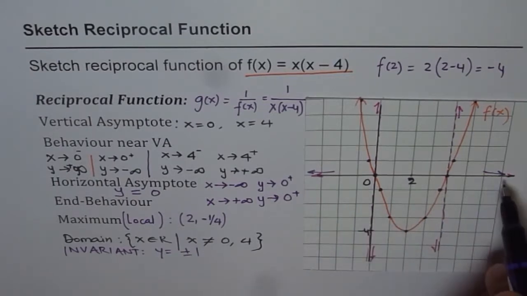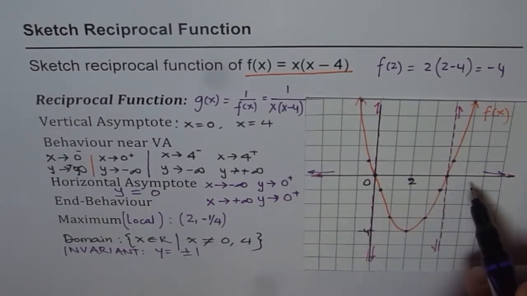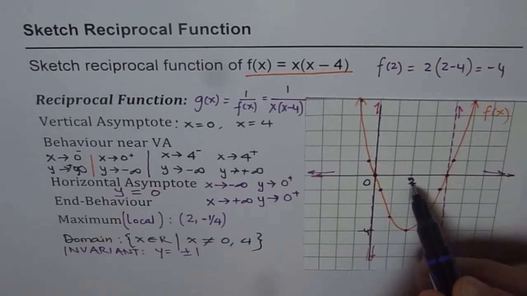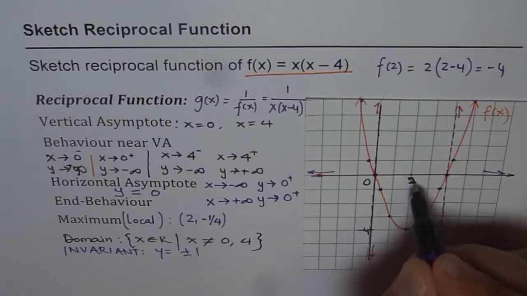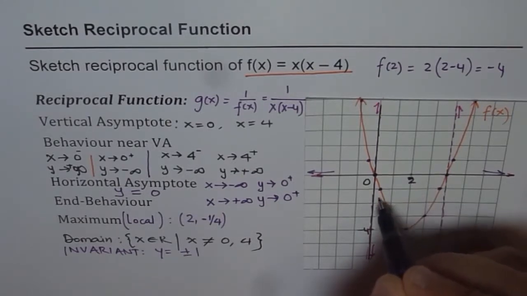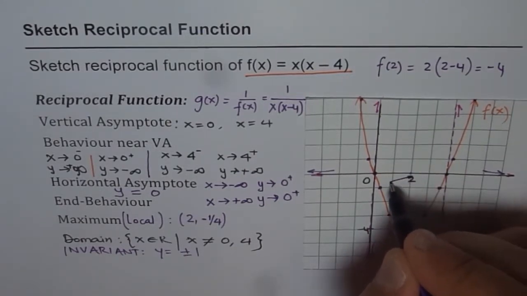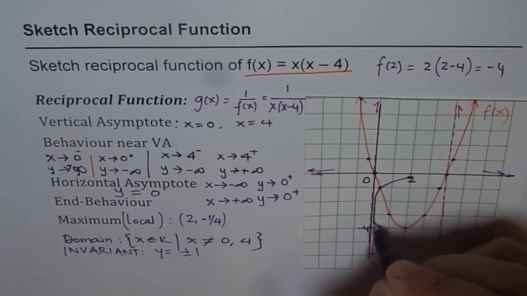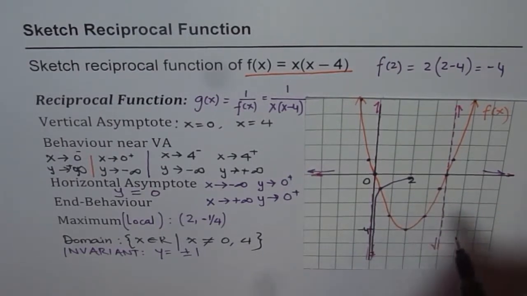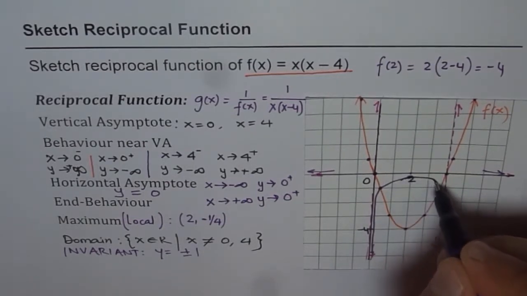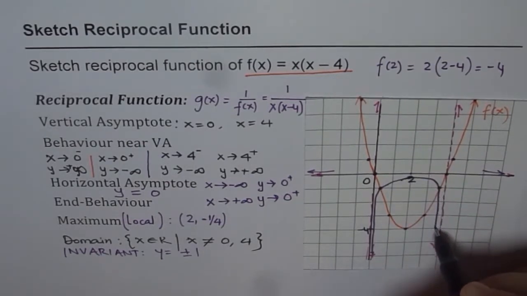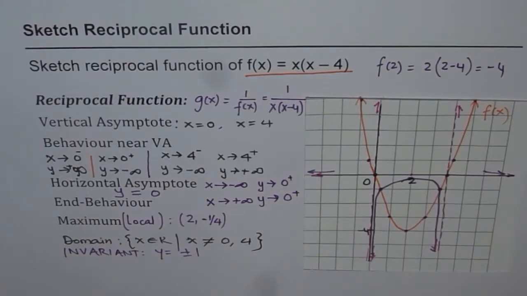Behavior near the asymptotes, we know the asymptotes also, even the local maximum, so it's a good idea to sketch the function. To sketch the function, let's start with the local maximum and symmetrically bring it down as shown here. So we are approaching one of the asymptotes towards negative infinity. The center part is kind of flat here on the top and dropping down.